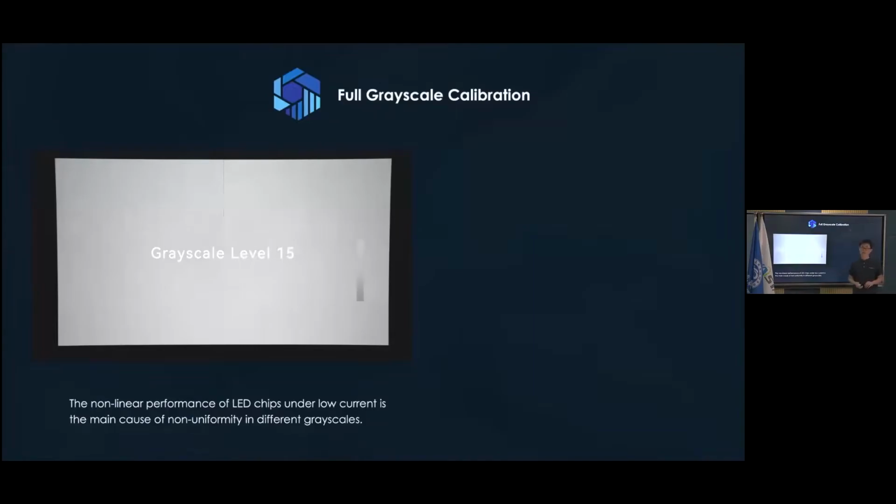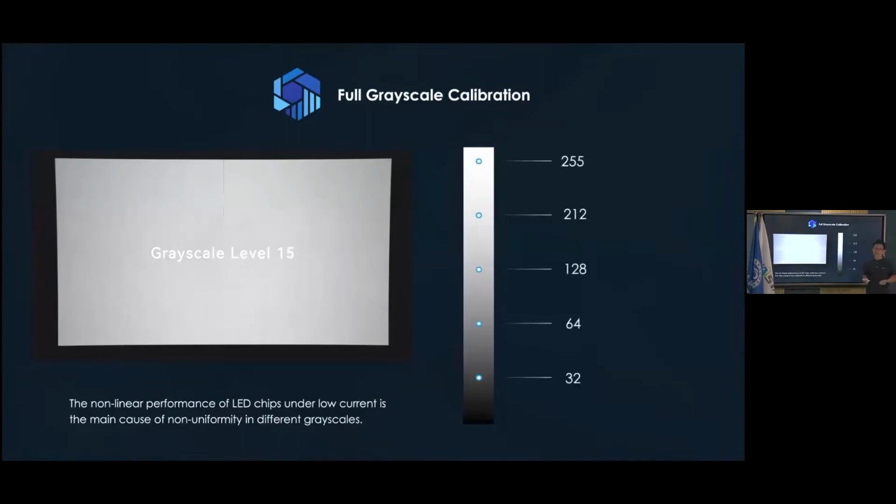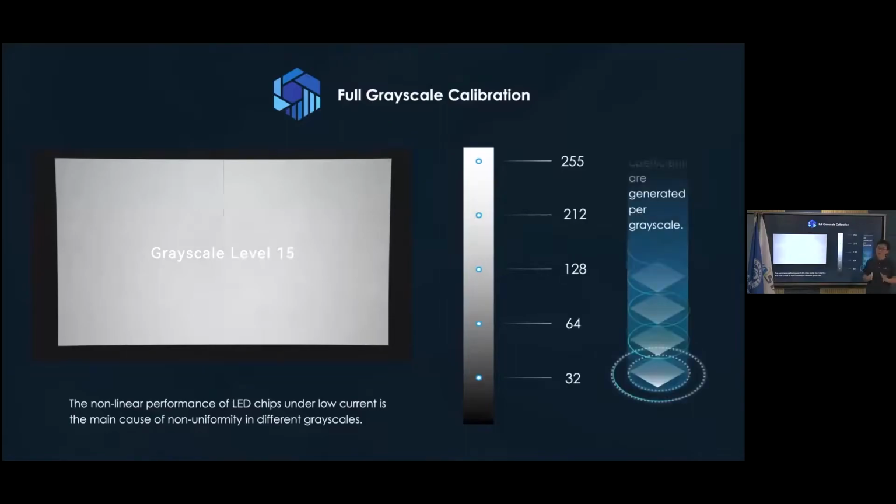That is because with full grayscale calibration, all the calibration coefficients are generated frame by frame, and grayscale by grayscale, so you can get a more precise calibration effect with each grayscale.